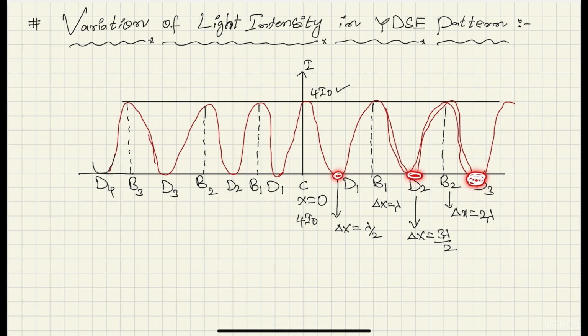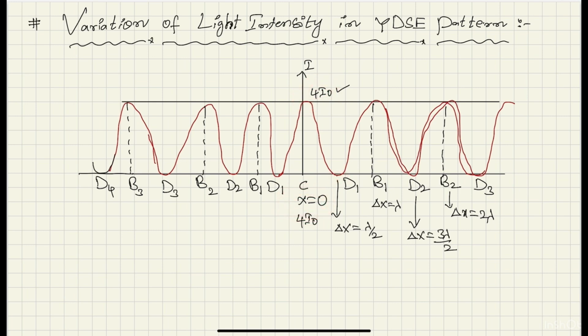So we write odd multiples of lambda by 2 wherever dark fringes are there on both sides: lambda by 2, 3 lambda by 2, 5 lambda by 2, 7 lambda by 2, like this. For the bright one, at the central maximum the intensity is 4 I naught. For the dark one, the intensity is 0.